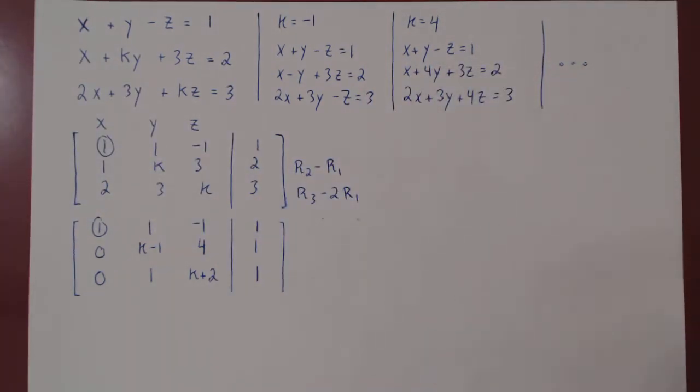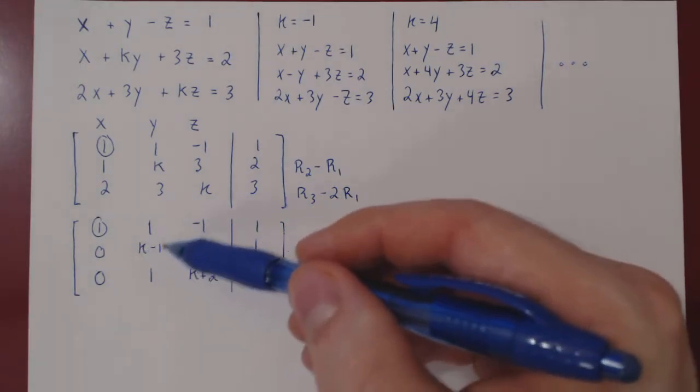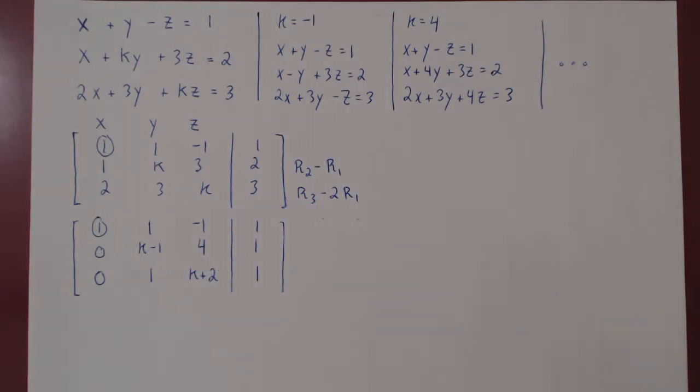The lesson here is never divide by an expression in terms of k to construct a leading 1, as for certain values of k, that could be 0, which would mean that your operation is not valid.